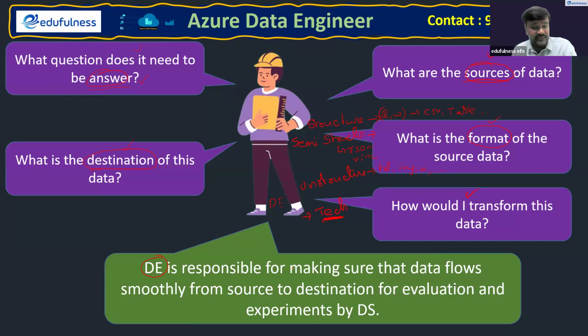And then finally, you are transforming it for the data evaluation. That means from unstructured, unclear data to very well structured, ready-made data to use. That's what the data evaluation process is.